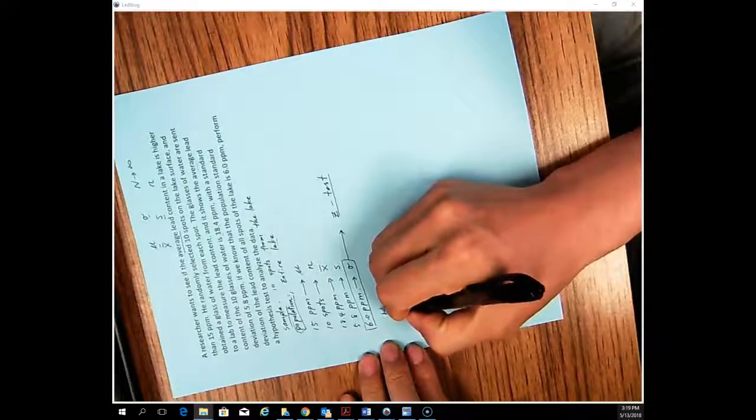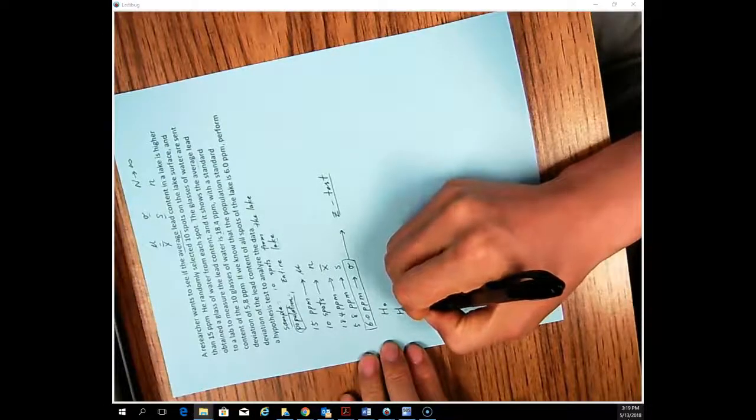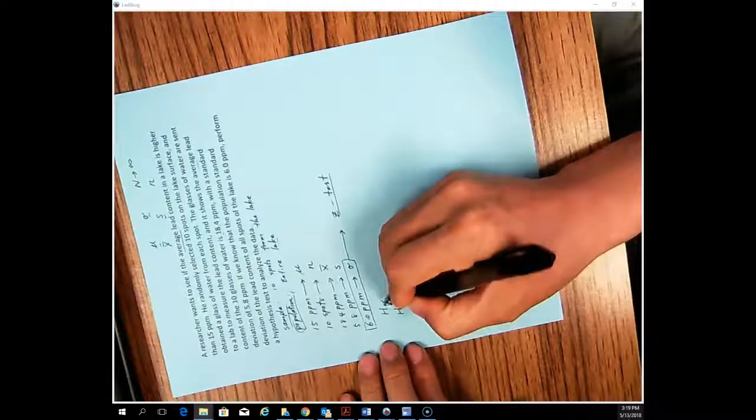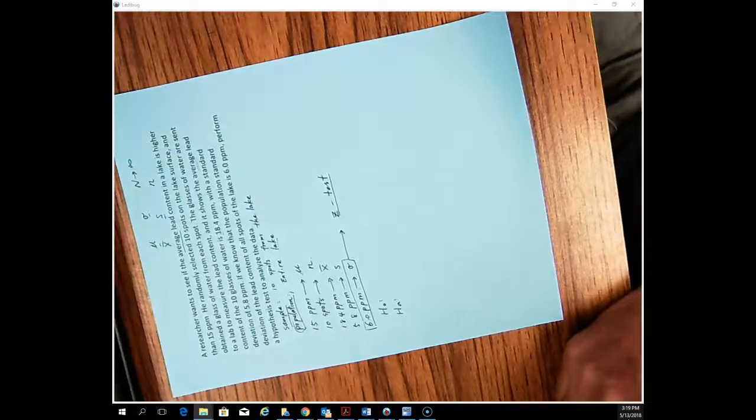So what's our hypothesis? When we state hypotheses, we have 2 hypotheses to state. One is the null hypothesis H0. The other is the alternative hypothesis HA. The null hypothesis states something being the same, and the alternative hypothesis states something being different. Okay. So now let's look at what's the research goal.